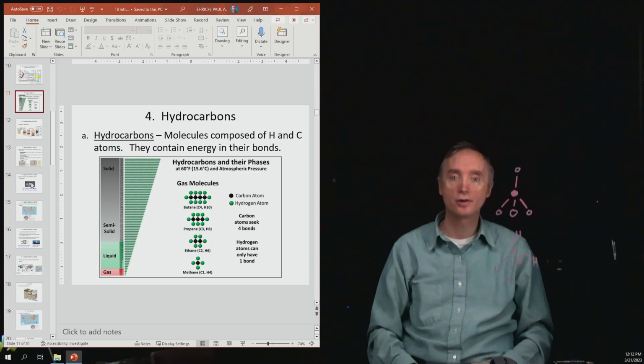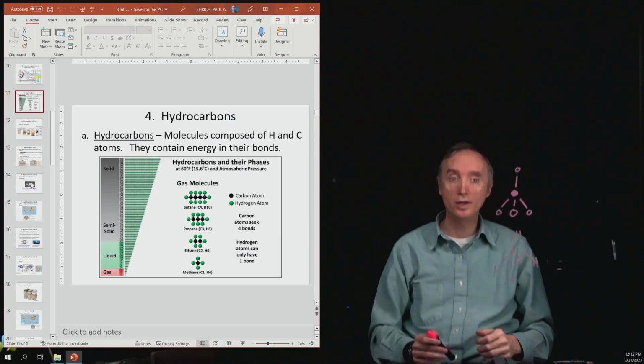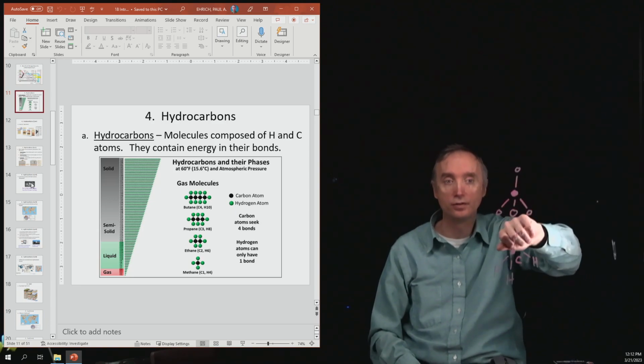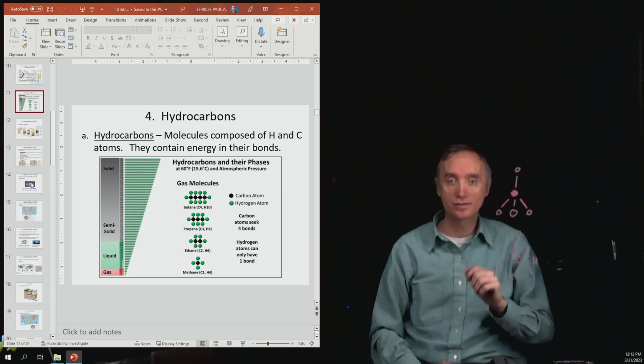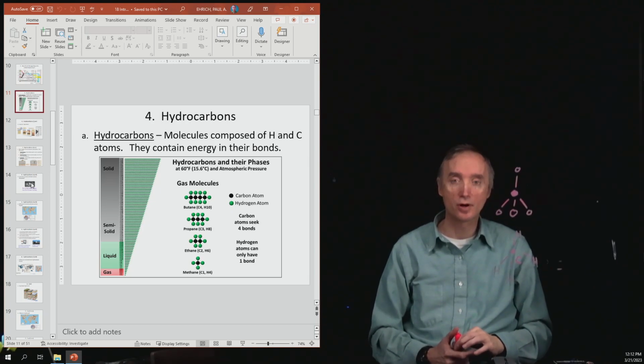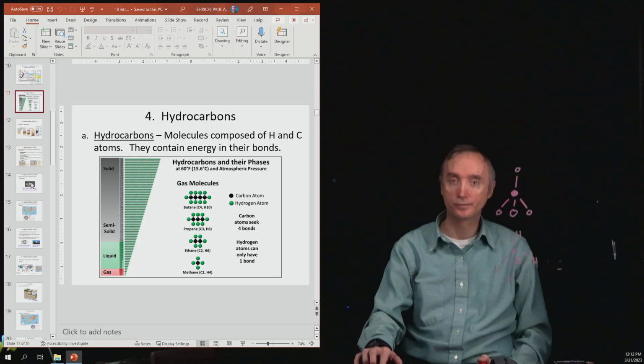So this picture here shows all the different kinds of hydrocarbons that you can have and how they can hook together. So when you've got a hydrocarbon and you start pulling off those hydrogens, that's going to release energy. And so that is the process by which all of these organic materials are going to produce their energy.